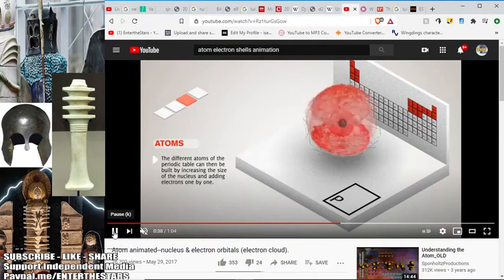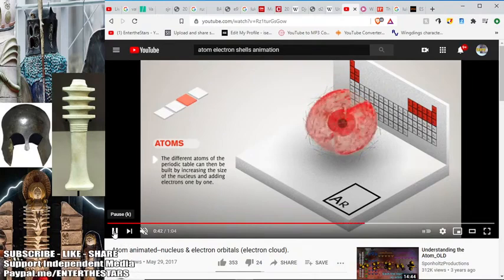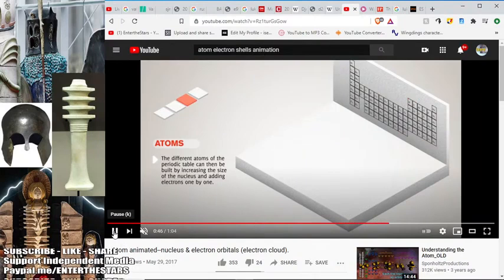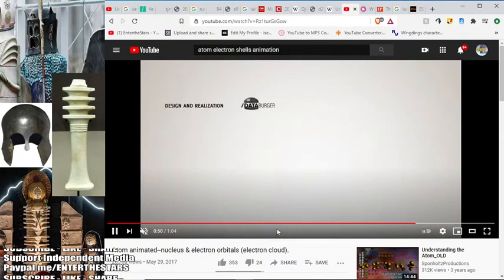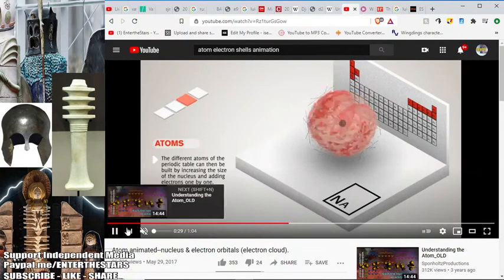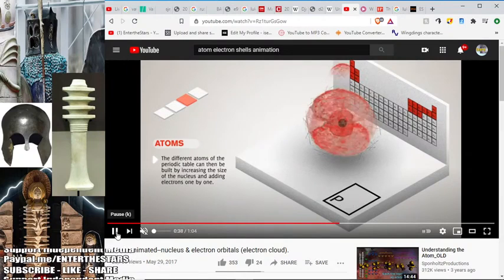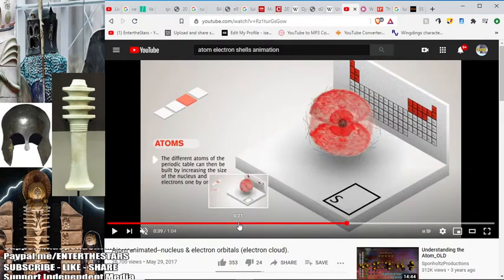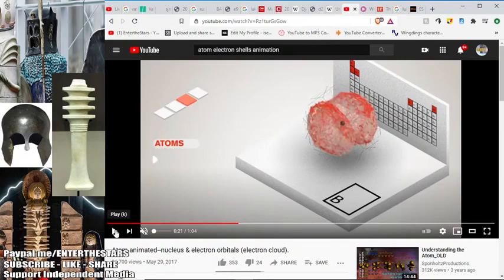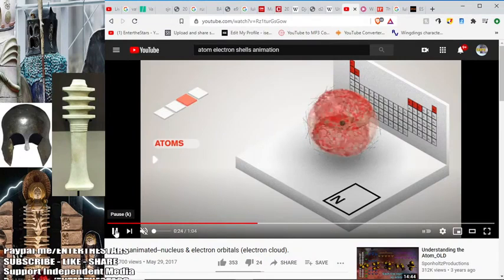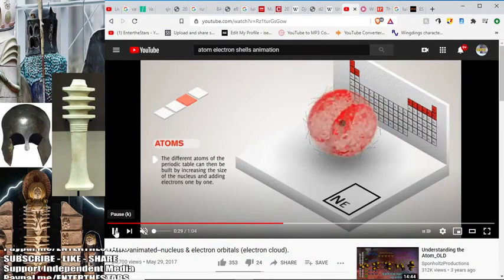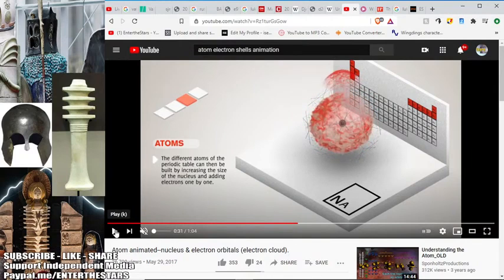As you can see, there's really no difference between the elements other than their structure, how many shells and electrons are rotating. That's pretty amazing. We included that graphic in one of our videos showing how this works. They just keep dropping them down on top of each other. And this is our reality. This is how God created us.